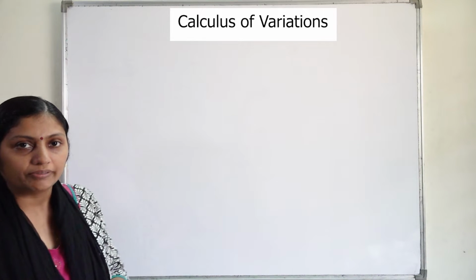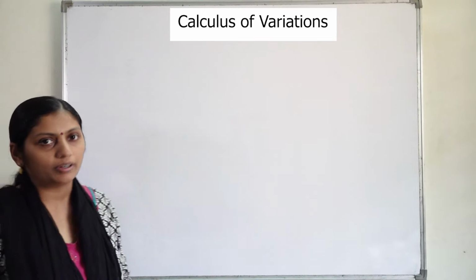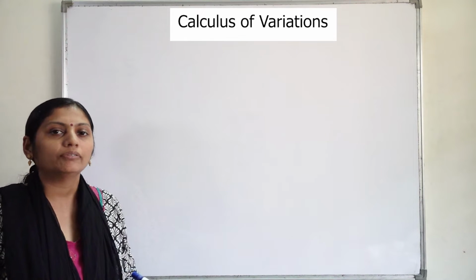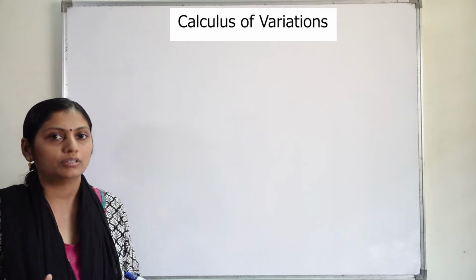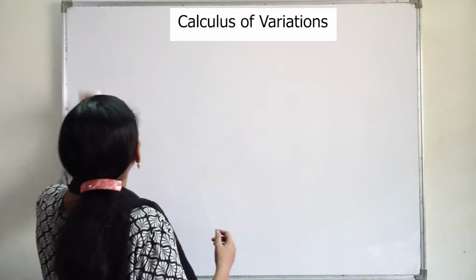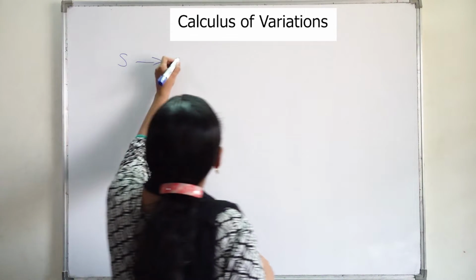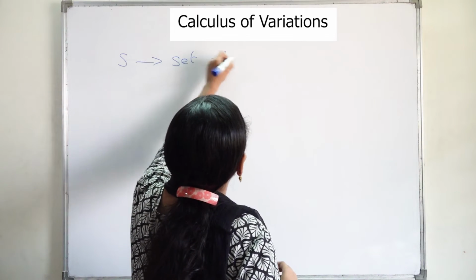To define a functional: a functional is actually a function defined from the set of all functions to the set of real numbers. Consider a set S, where S is the set of all functions.